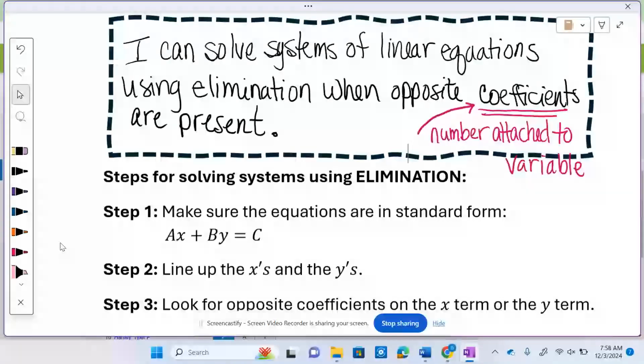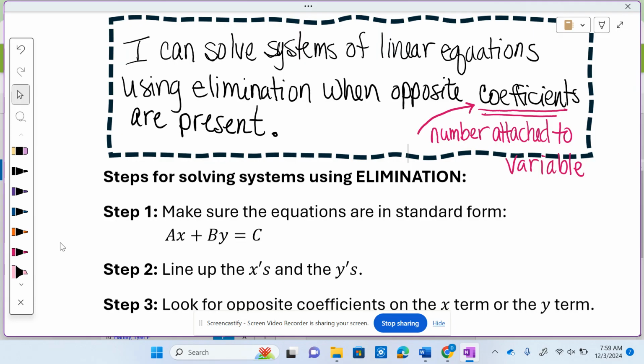What do you think we should do if one of the equations doesn't have opposite coefficients? They just have the same. Like what if it's 3x, 3x? Those aren't opposites. I need them to be opposites so I can eliminate one of them. How could I make one of those negative?